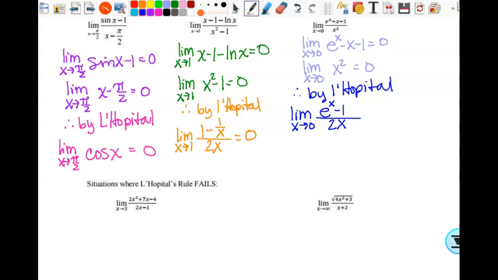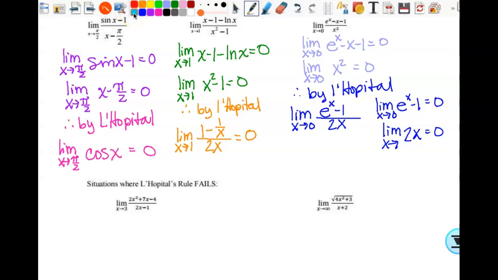Okay? You got to do it again. You can keep on going. All right? So then we're going to say the limit as x approaches 0 of e to the x minus 1 equals 0. And the limit as x approaches 0 of 2x equals 0. Okay?